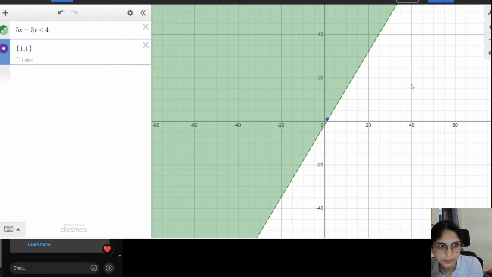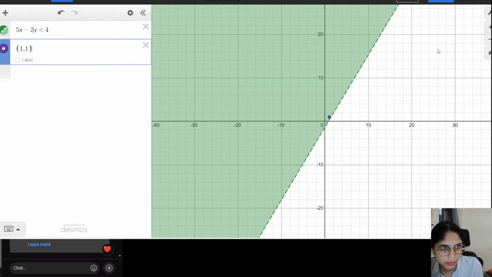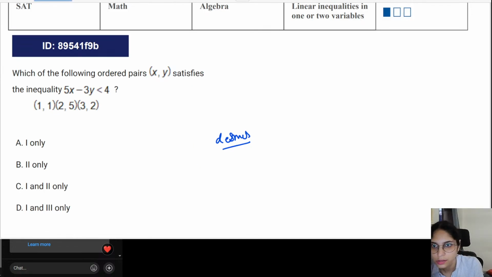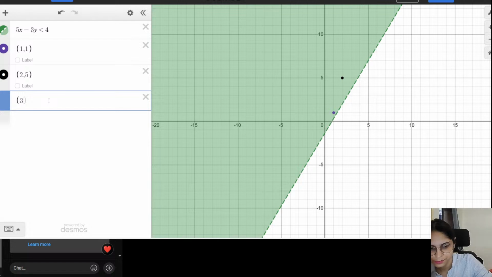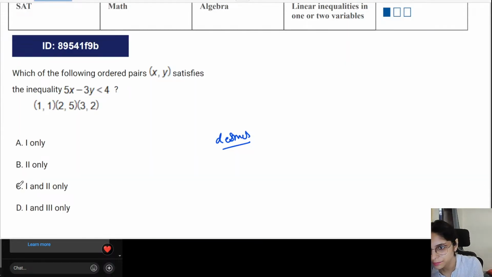Yeah, it works. Next is (2, 5). This also works. Next is (3, 2). This doesn't work, so it's 1 and 2 only.